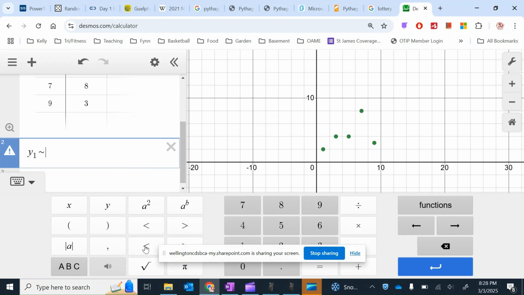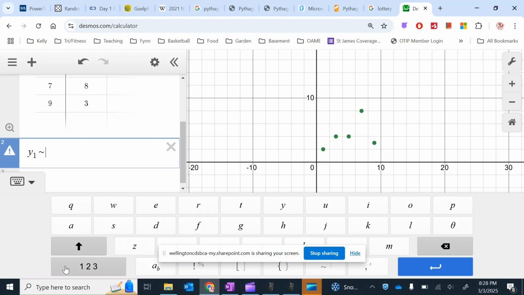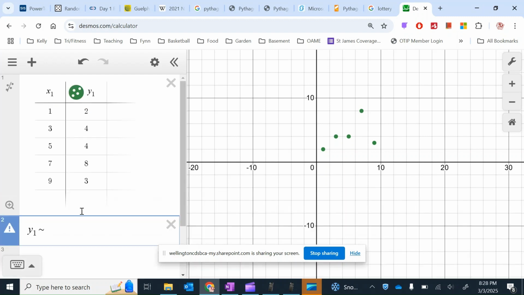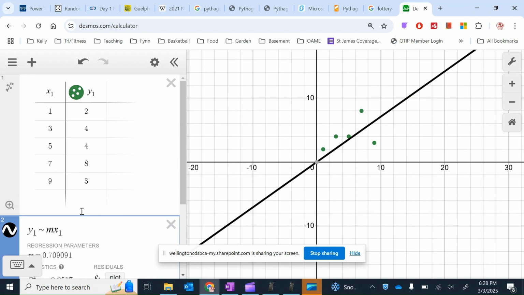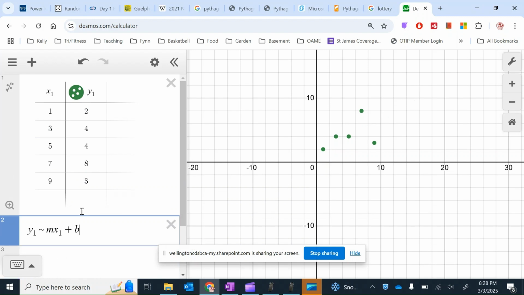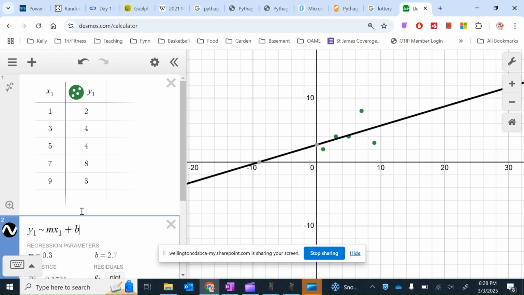Then you have to go to AB maybe, and it's right down here. See where my mouse is right there. Then we're going to go mx1 plus b, and it's going to make a line of best fit for us.